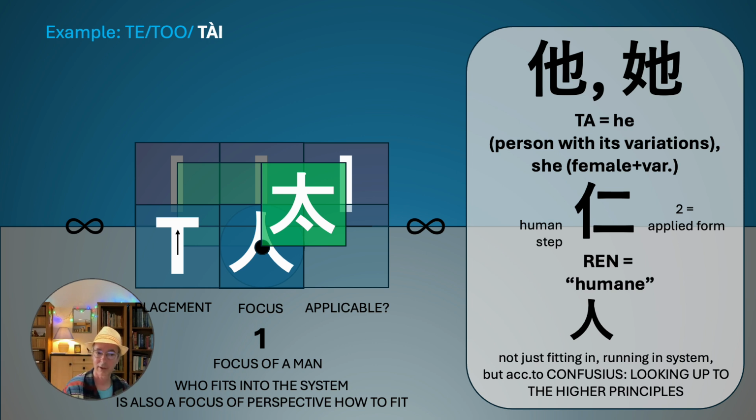The first character is again the jeune, which takes a step and gives it a foundation with some variations of how this man can look, and the woman symbol is also there with its differences and variations. That's the ta, that one position of the personal application of a man in the form of he as ta, or she also as ta.